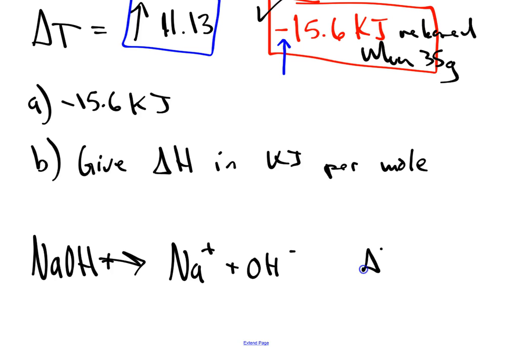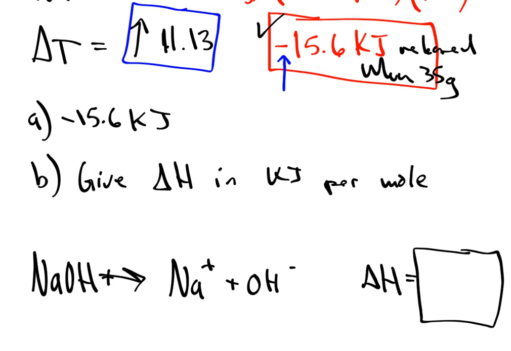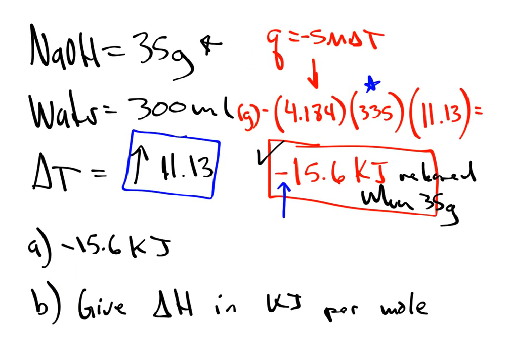Yesterday we had a little delta H value, and it's the same number as A. You thought it would be? Okay, well, you're a very good thinker, so look here. 35 grams of NaOH.